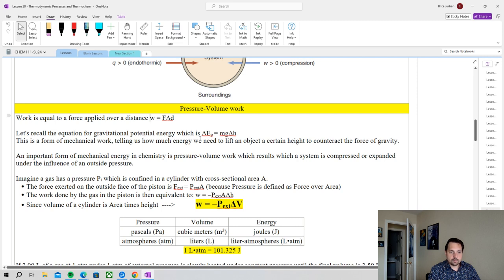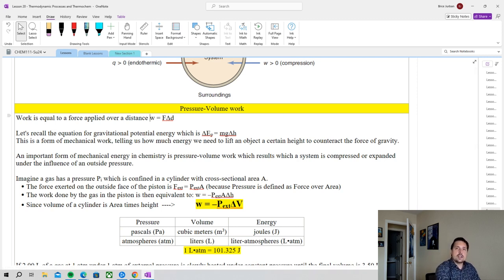One thing that we might be familiar with is if I take an object and raise it, it increases its amount of potential energy. That change in energy is given by the height that I raise the object, times its mass, times the acceleration due to gravity.